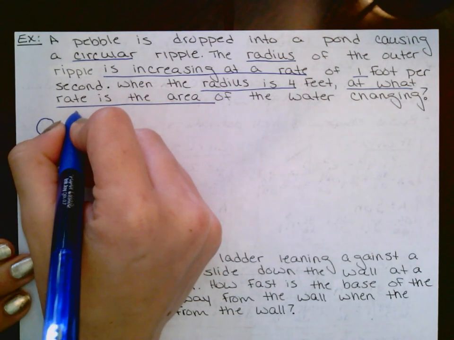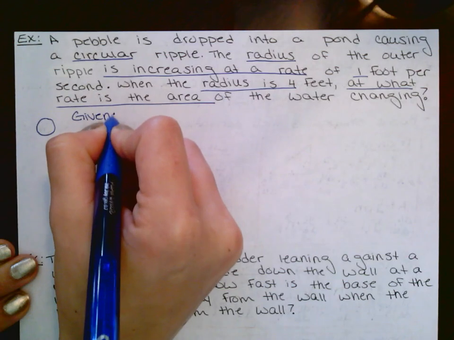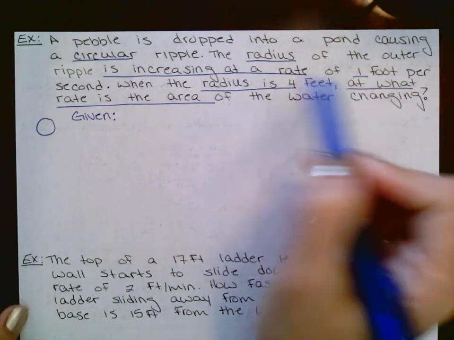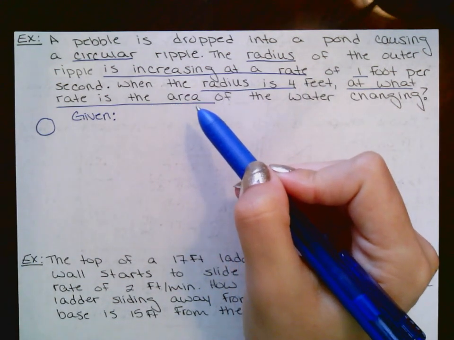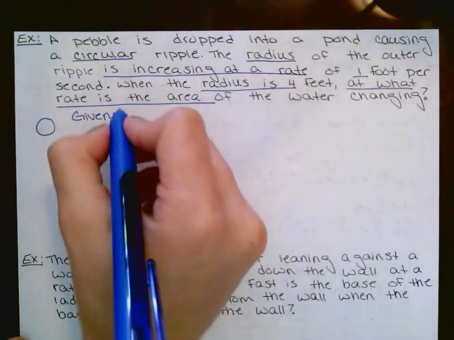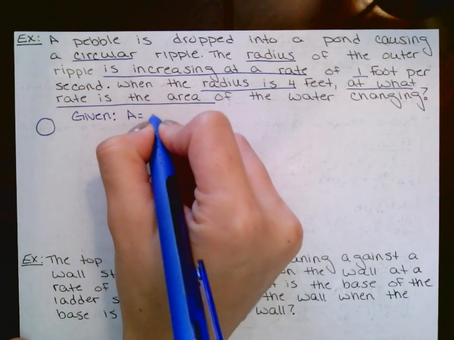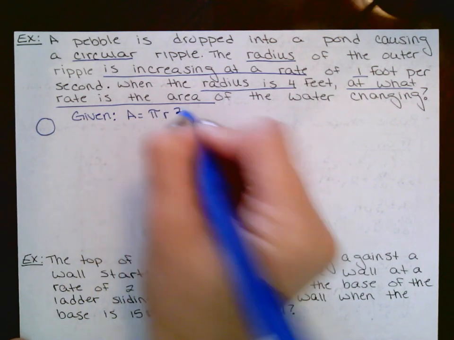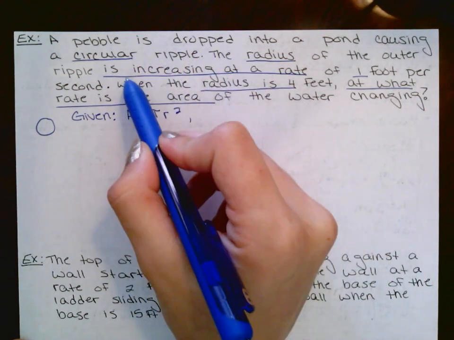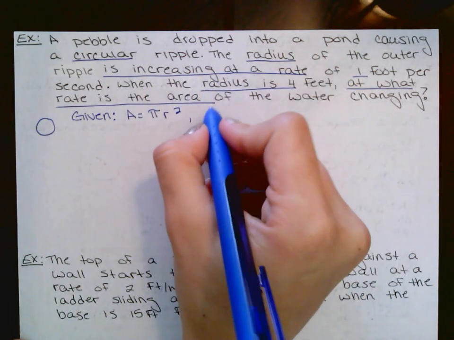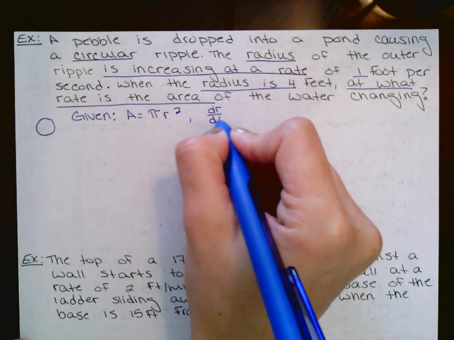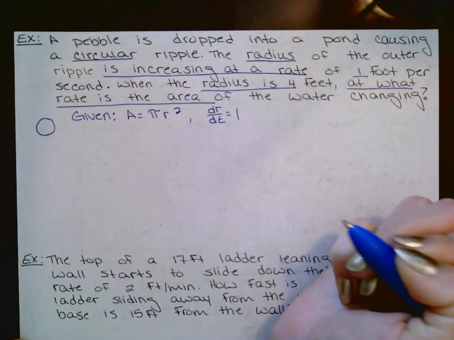Let's see what's given. We know we have a circle, and we're talking about radius and at what rate is the area. We had two equations for circles, circumference and area. But since they say at what rate is the area, I'm going to pick the area formula. The next given, the radius is increasing at a rate of 1, meaning the derivative of radius, so dr/dt equals 1.